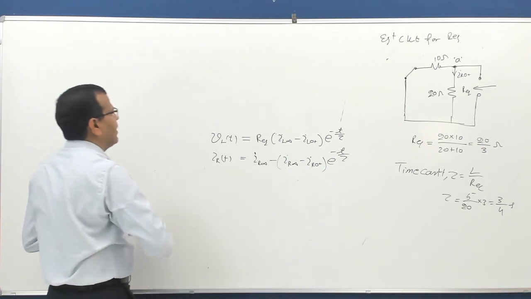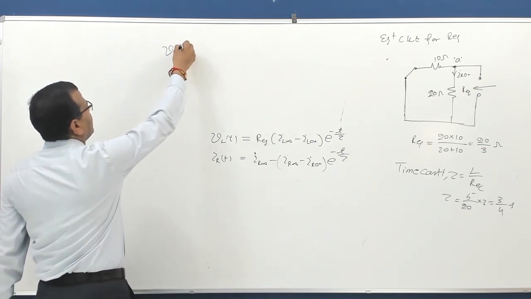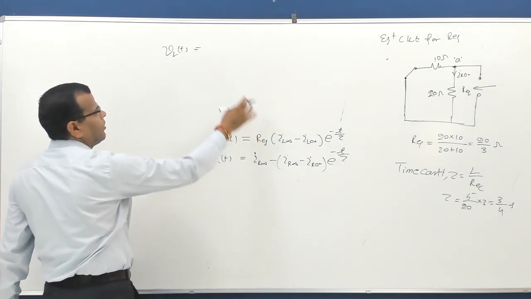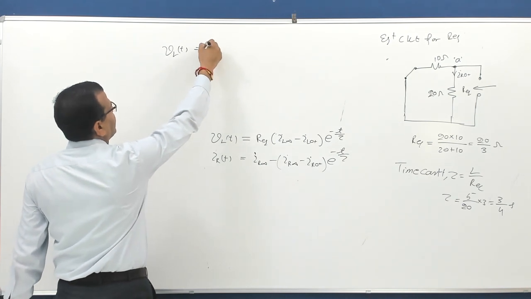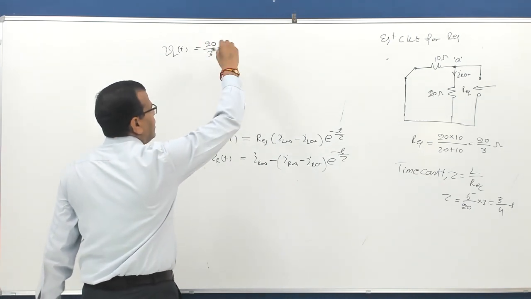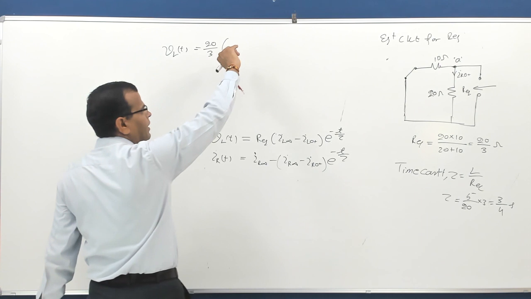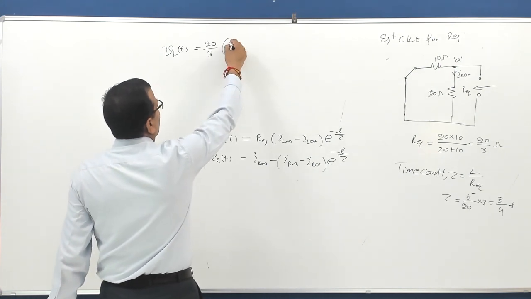IR(t). I repeat, VL(t) is nothing but R equivalent, that is 20 by 3, into (IL infinity, what is that? That is 2 ampere.